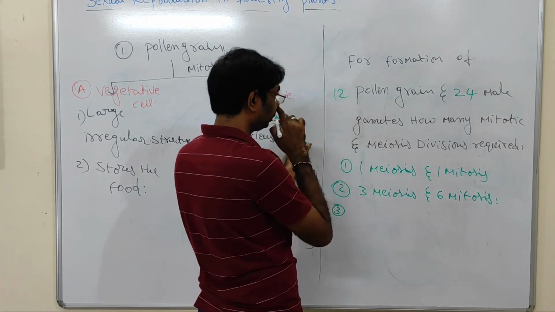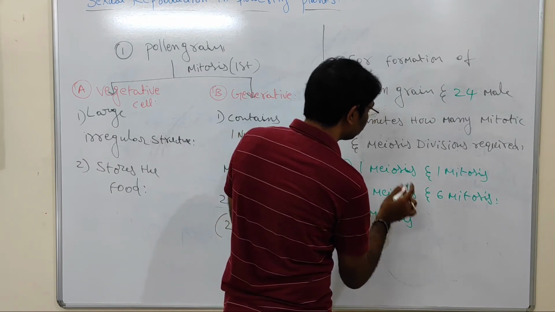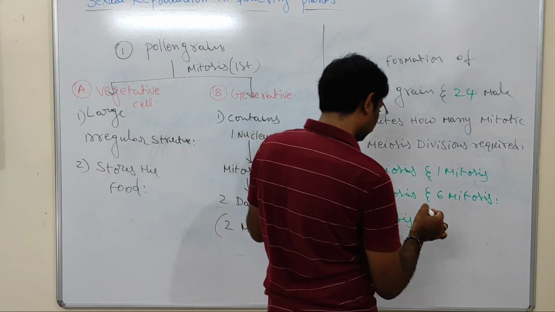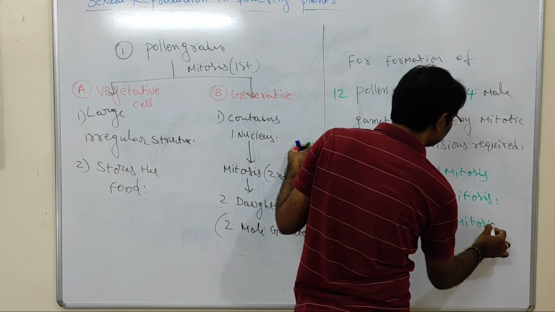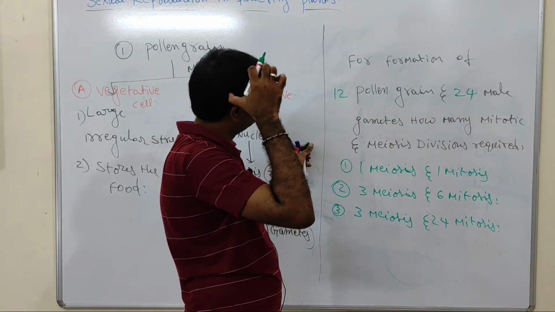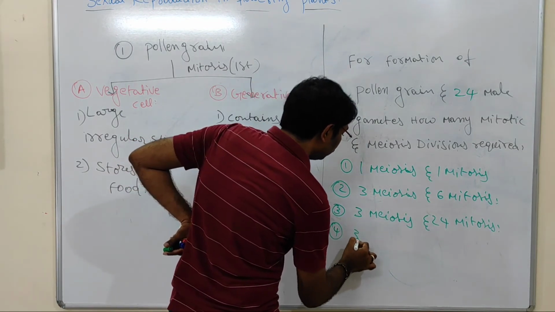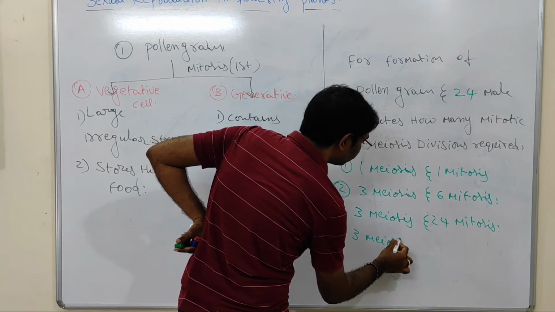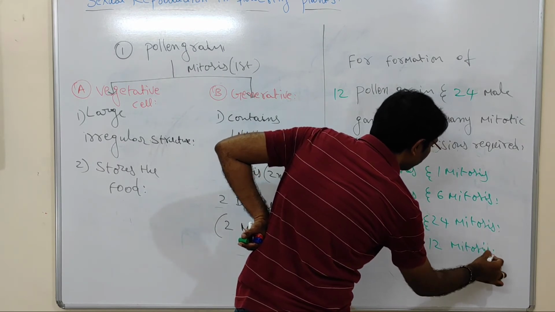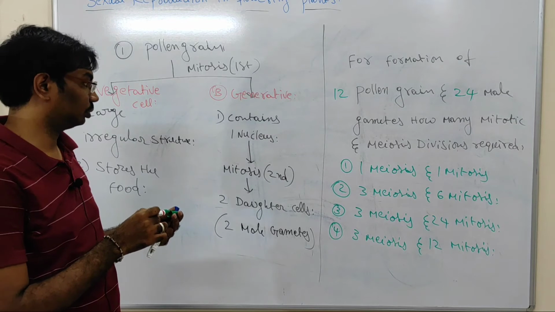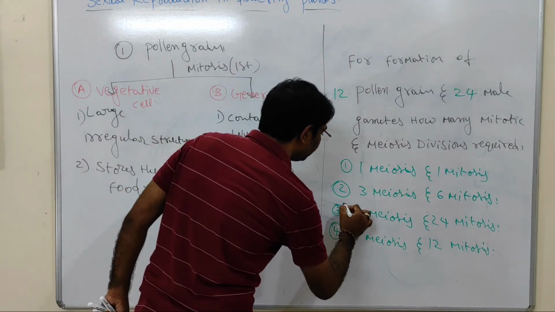Option 3: 3 meiosis and 24 mitosis. Option 4: 3 meiosis and 12 mitosis. So which option is correct? Option 3 is correct.